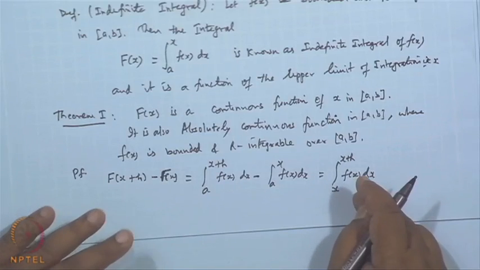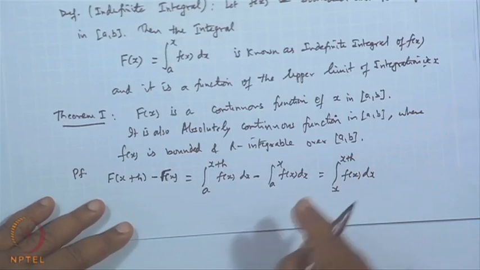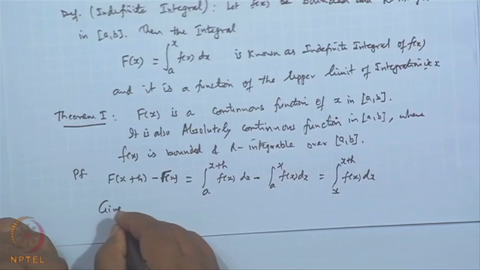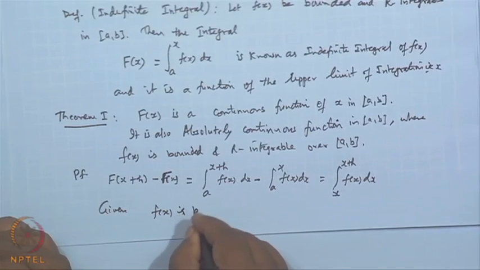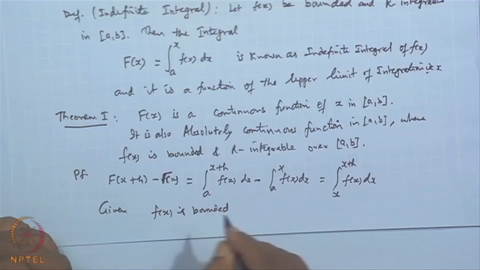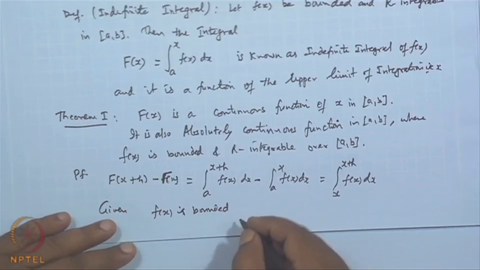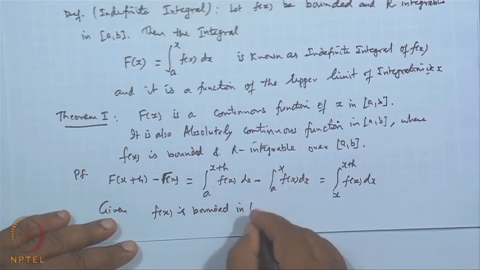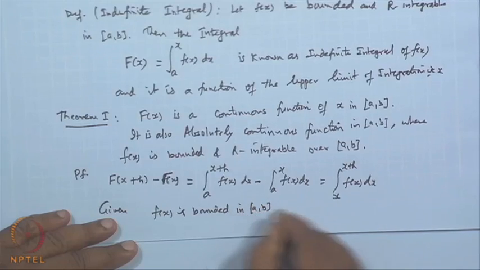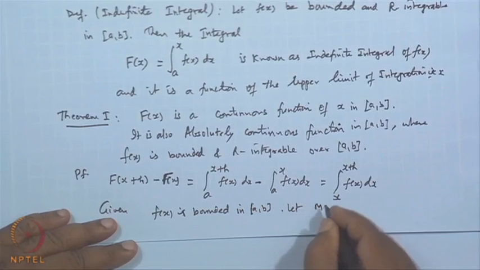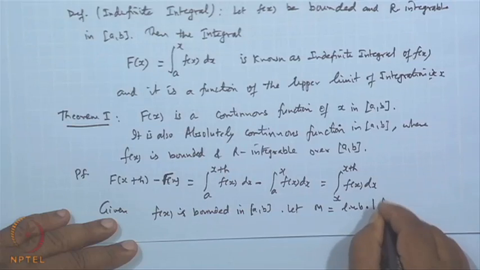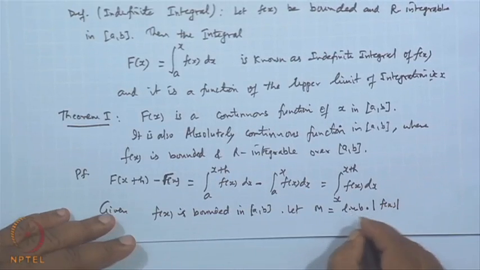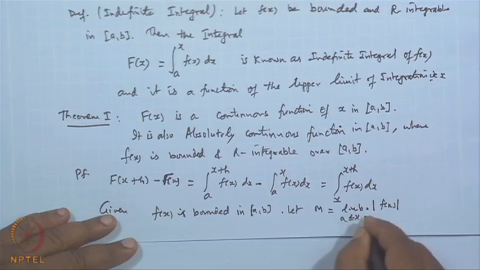But the given function f(x) is bounded in the closed interval [a, b], and let M be the least upper bound of the function |f(x)| over this interval [a, b].